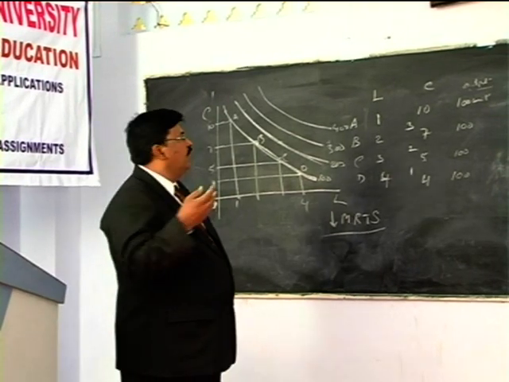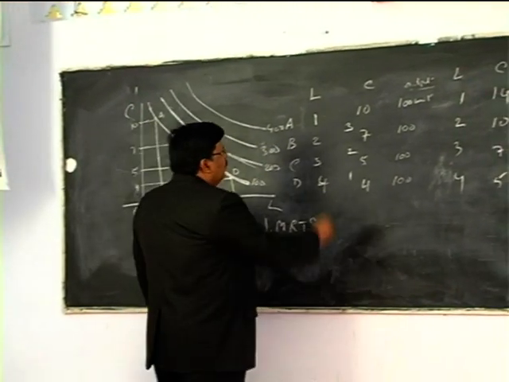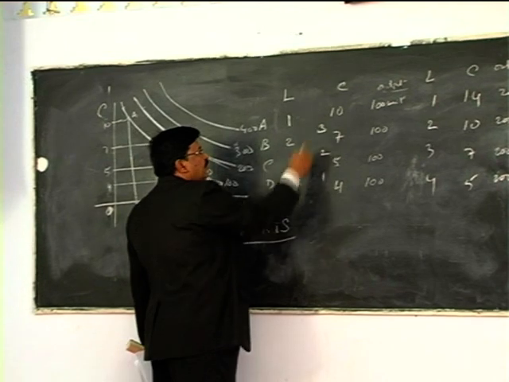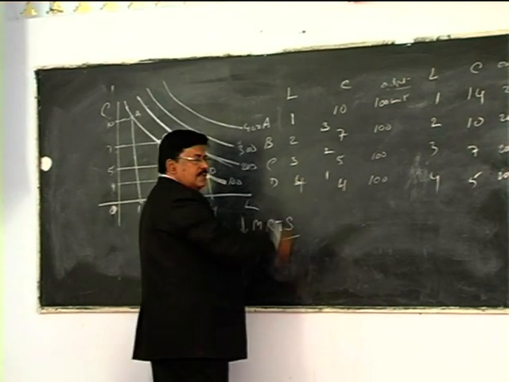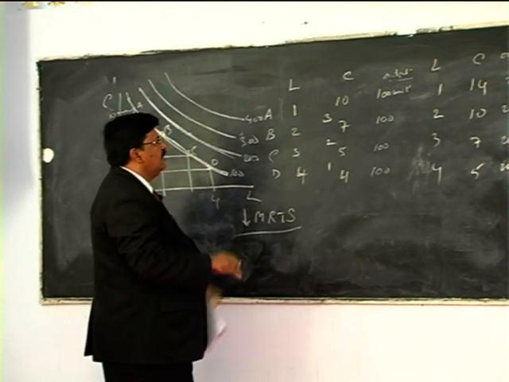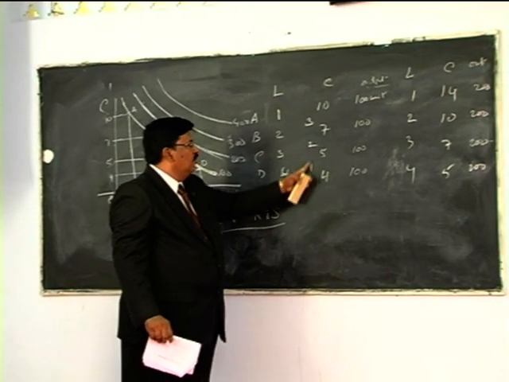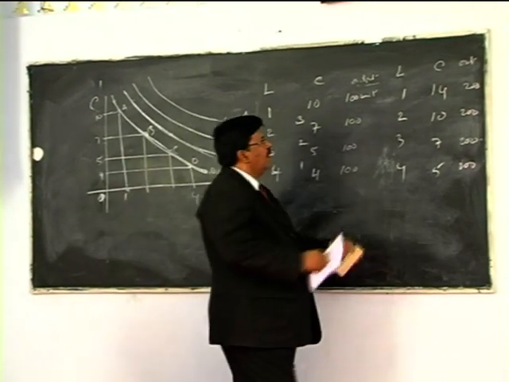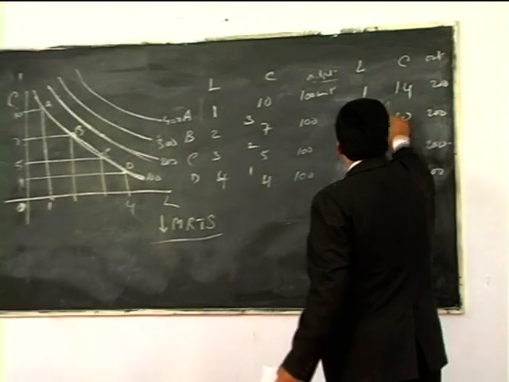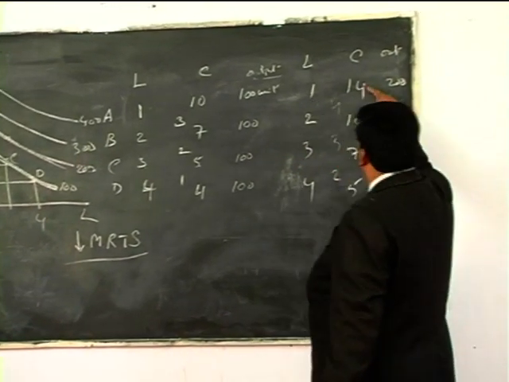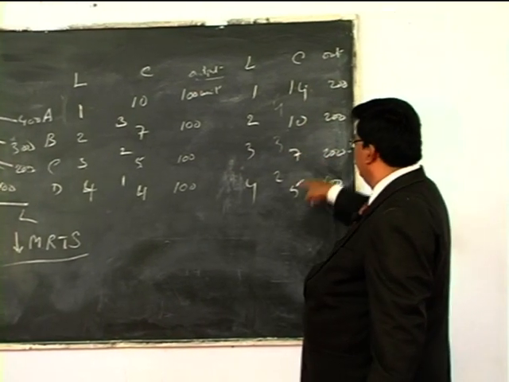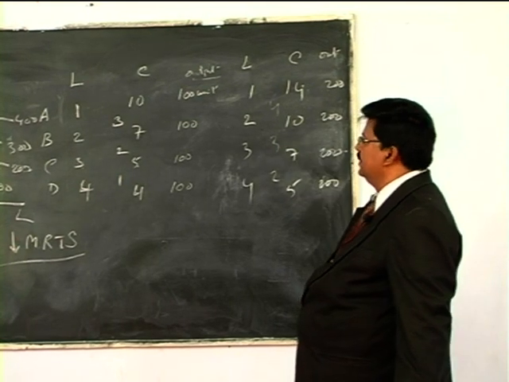For a 1 unit gain in labor, you are willing to sacrifice 3 units of capital. So the rate of substitution gradually diminishes, 3, 2, 1 like this. And the same thing you can also see here, 4, 3, 2 like this: 14 to 10, 10 to 7, 7 to 5.